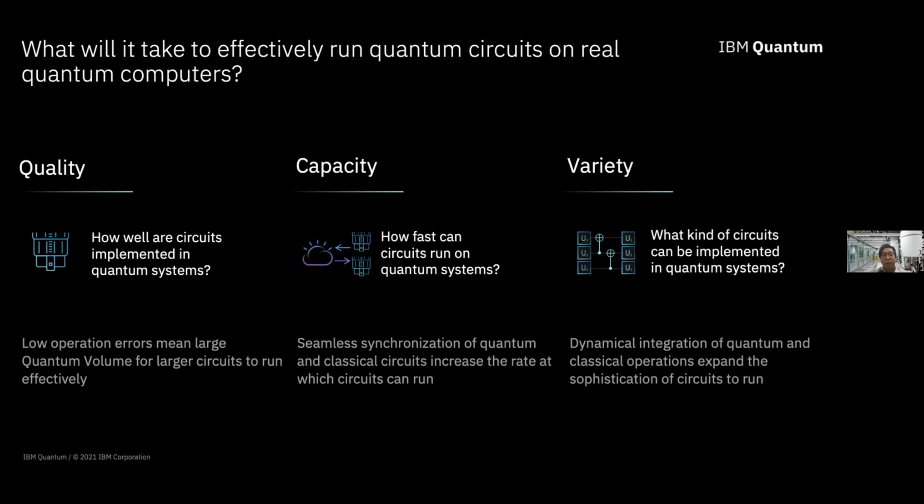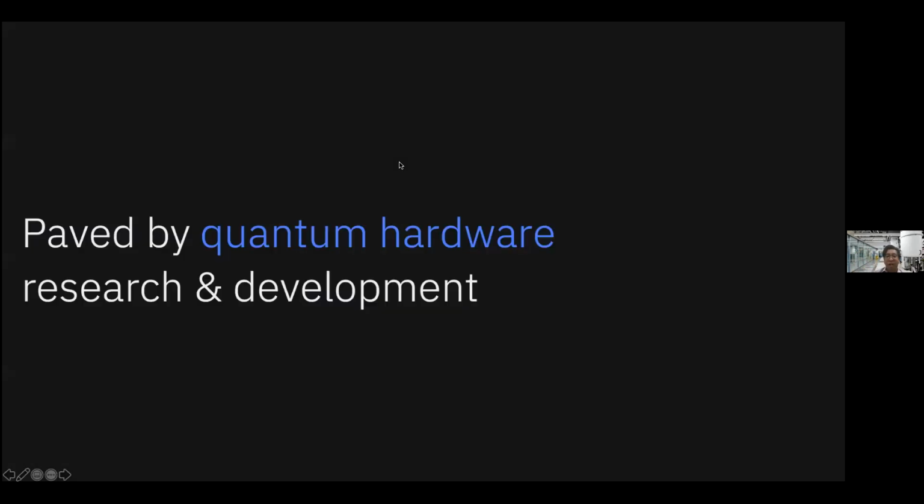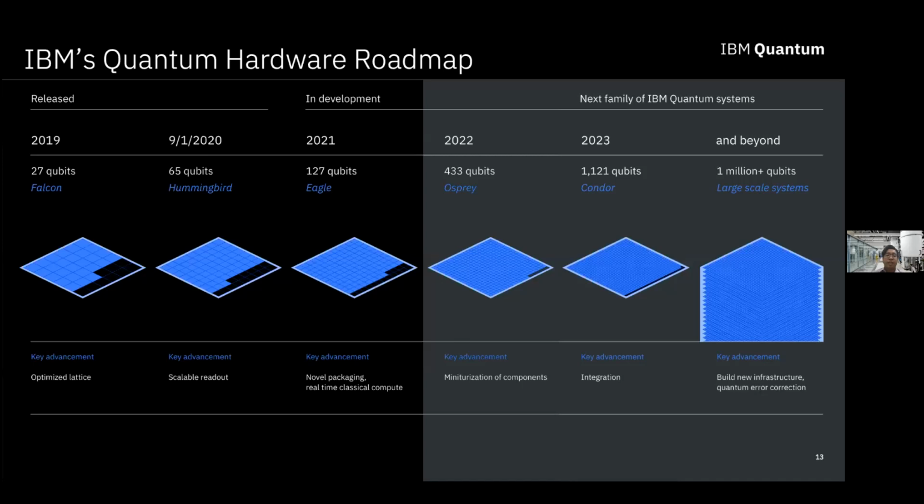And so the key thing, though, to drive these different elements is a lot of the quantum hardware research and development that we have, right? And so at IBM last year in the fall, we released this hardware roadmap, which effectively has mapped our progress and looking ahead a few years, the future progress that we want to have in defining our underlying quantum processors and the systems that are built around them.